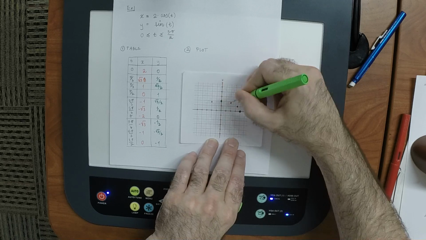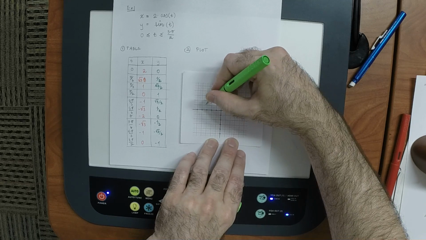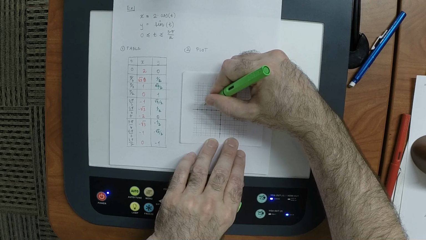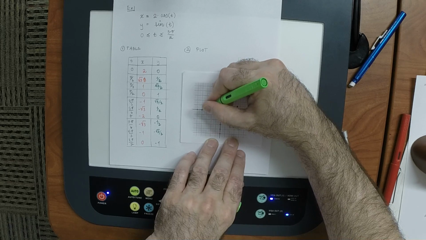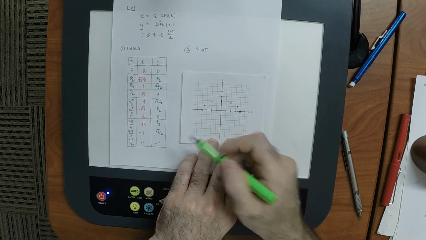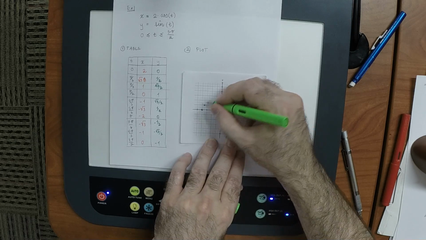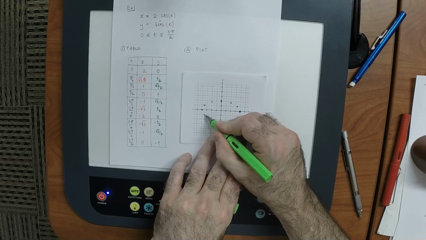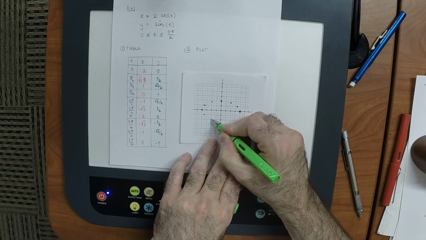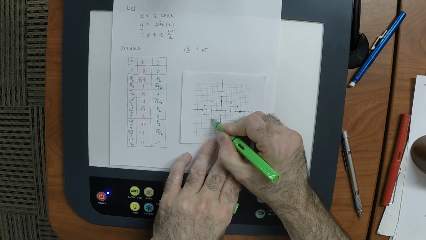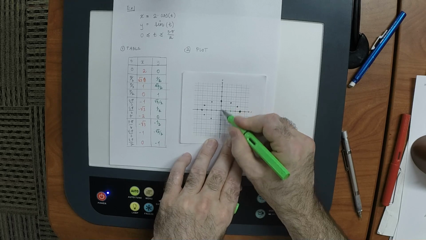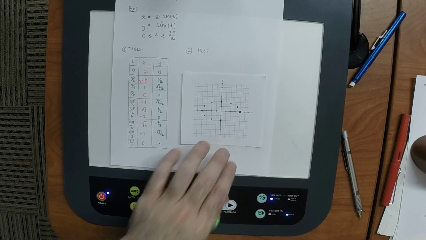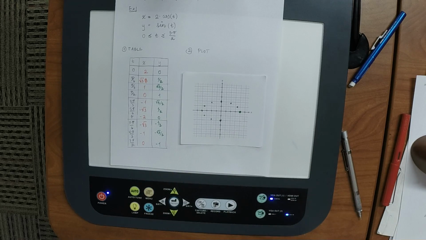So symmetric. Like that. And then coming down. So it would be like this. Like that.